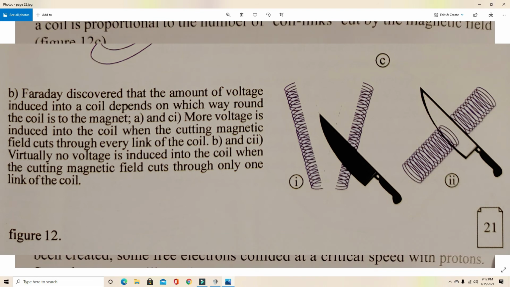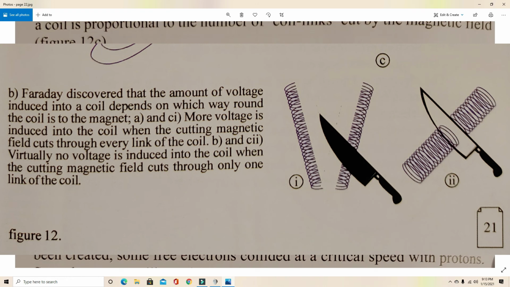In summary, Faraday's greatest contribution showed that when an electric voltage is applied to a circuit, it forces an electric current to flow in the circuit, and the flow of the current produces a magnetic field.